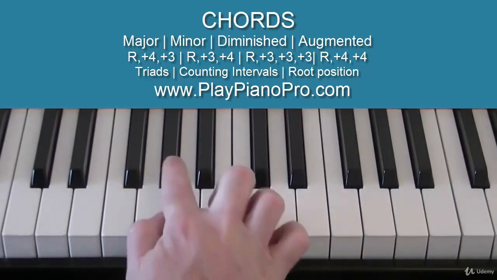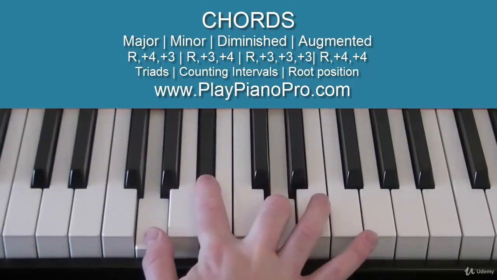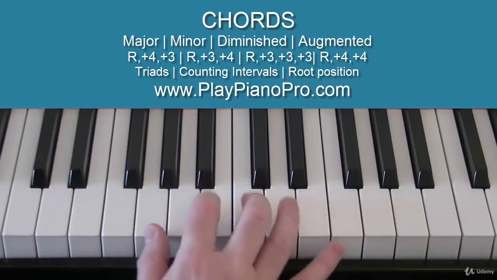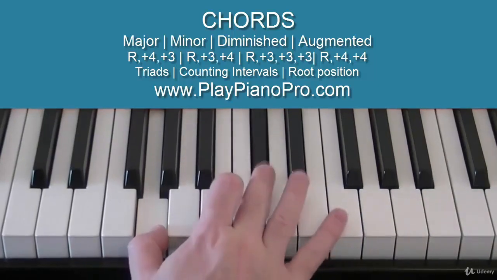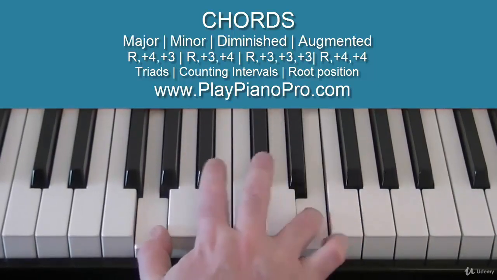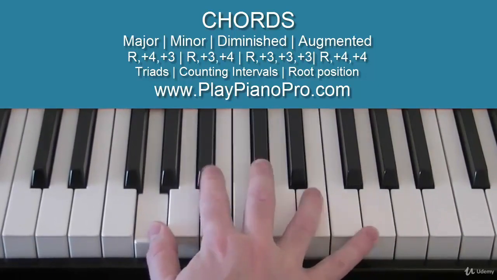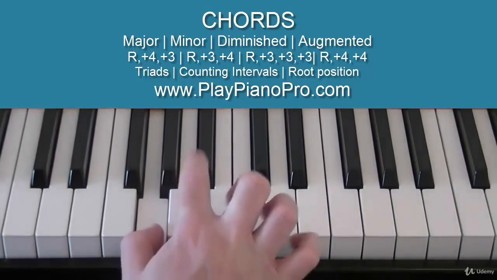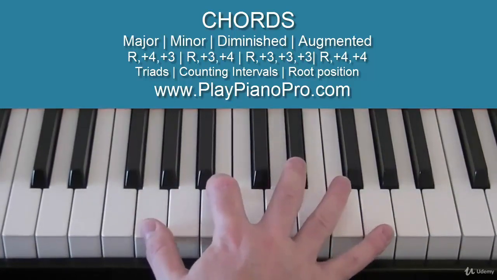For minor, 1, 2, 3, 1, 2, 3, 4, G minor, and we can put G at the top. Diminished, from G again, 1, 2, 3, 1, 2, 3, 1, 2, 3. G diminished. And for G augmented, again G, our root note, 1, 2, 3, 4, 1, 2, 3, 4, and G at the top.